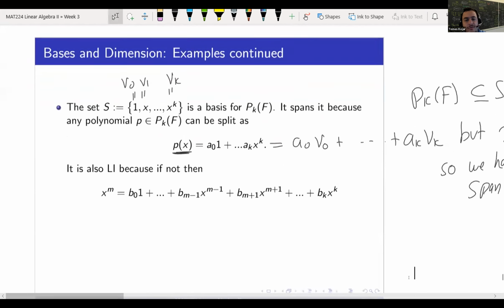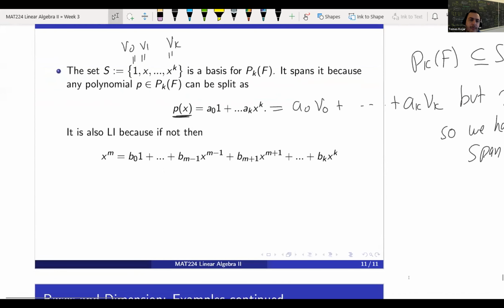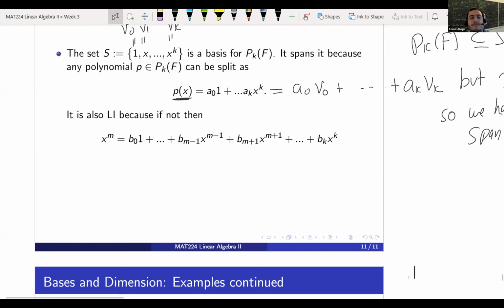Okay, now how do you check linear independence for polynomials? I will also do this for the infinite case. I just want to prepare you a little bit before I do that, because it shows up in the homework too. Okay, so why is it linearly independent? We showed the span, but for bases, we also need linear independence.